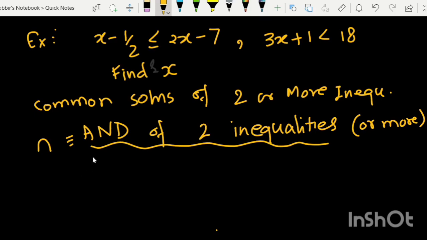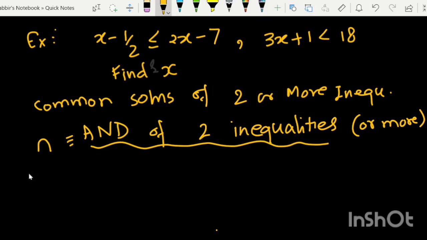Okay. Now how do we find the common solution of two inequalities? The concept is similar to what we did in sets, 'and' of two sets. So here we will have the two sets as infinite sets. Okay.